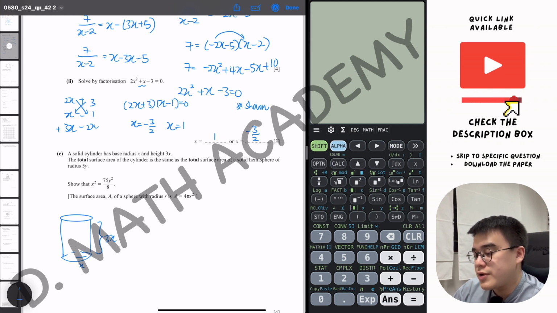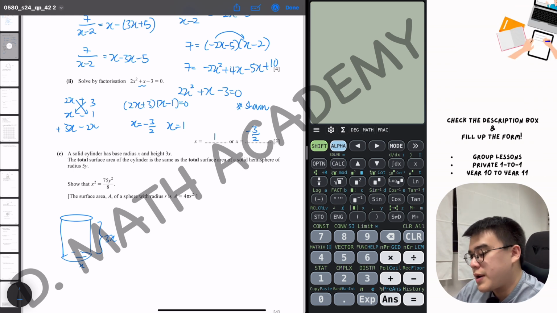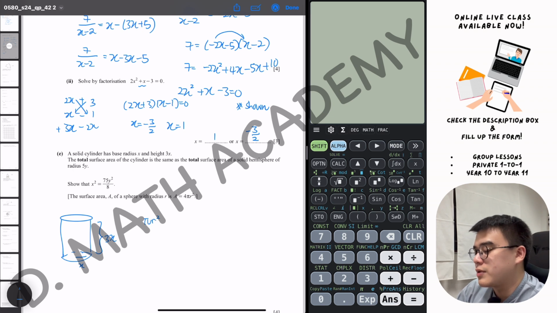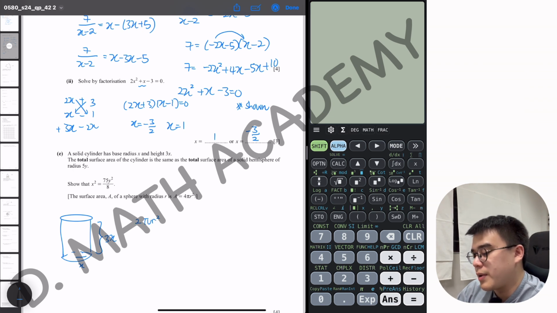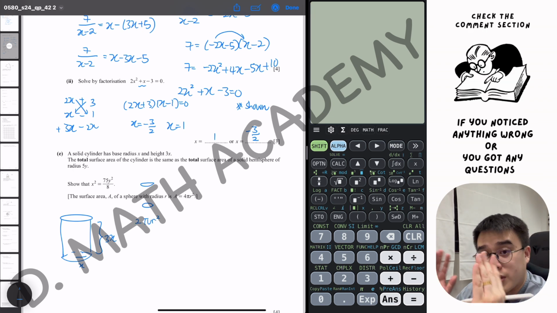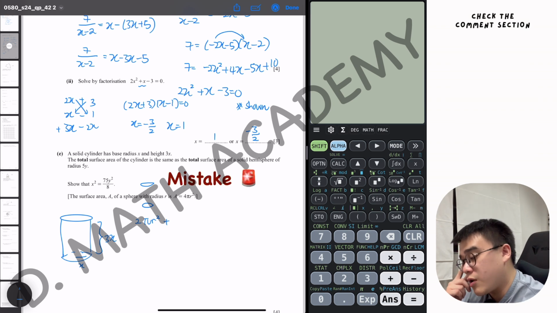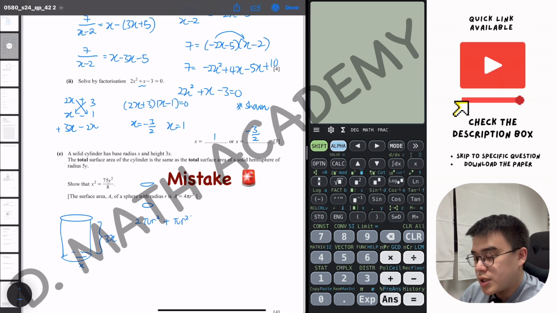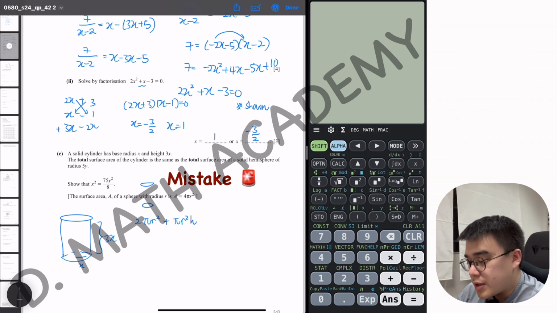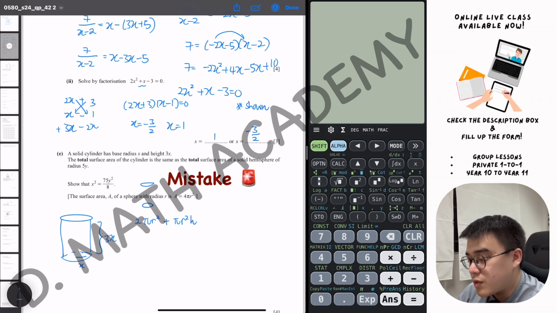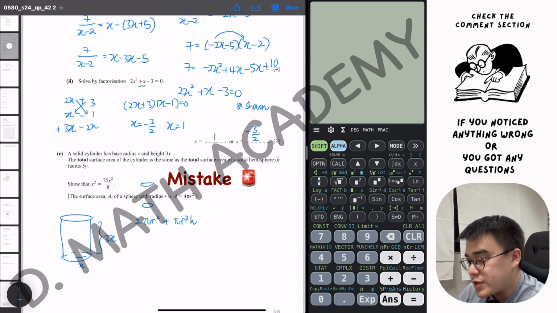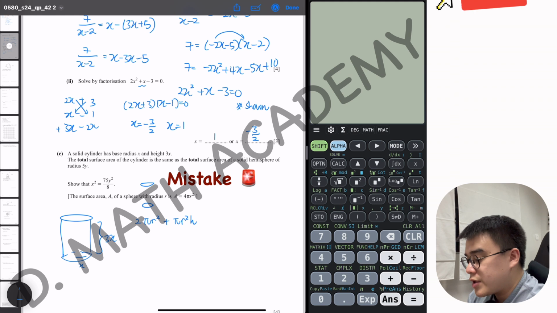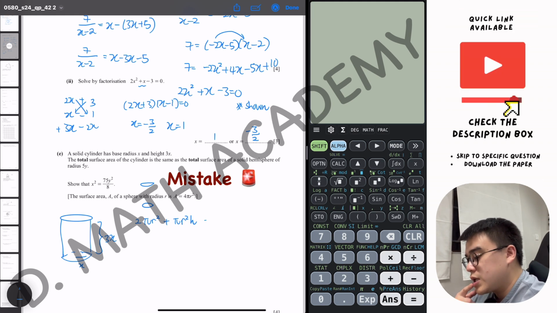Okay, surface area here has a pi r squared, and we double it because of the top and the bottom. Meanwhile, for the curved part, is your pi r squared and h. Okay, and then they say that it was equivalent to the solid surface area of a hemisphere. Hemisphere is this.